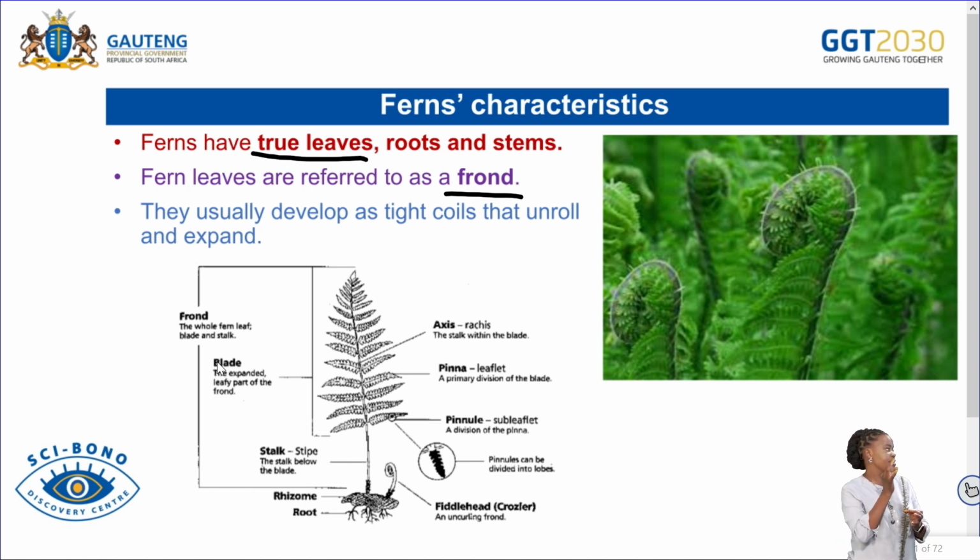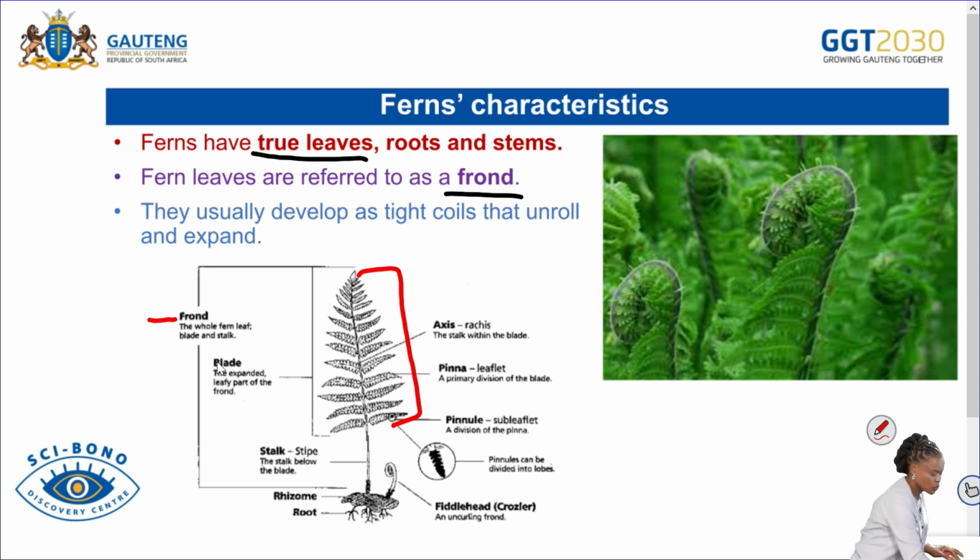We said that they are referred to as the frond. So it is said that the whole leaf with the blade and the stalk is called the frond. So this is our frond. This is the leaf. So this is an example of a leaf of the fern.